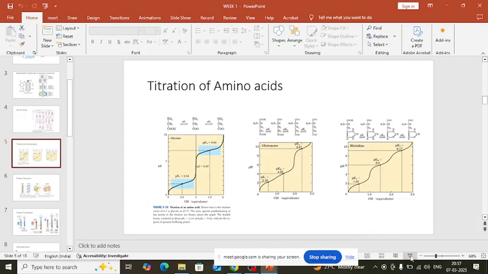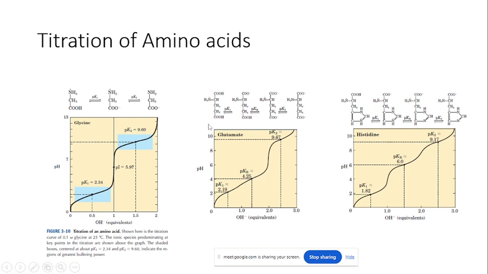Pranav. Okay. So now we will go to glutamate. So glutamate is what kind of amino acid? Aditya, which class does glutamate belong to?